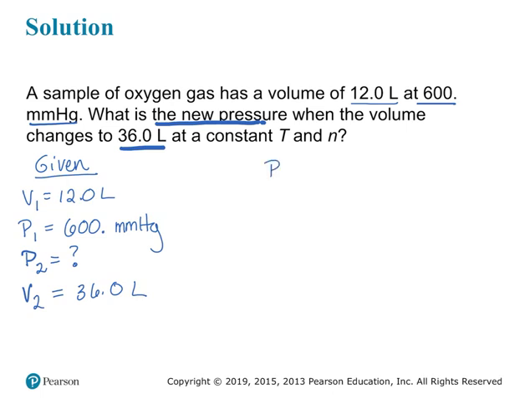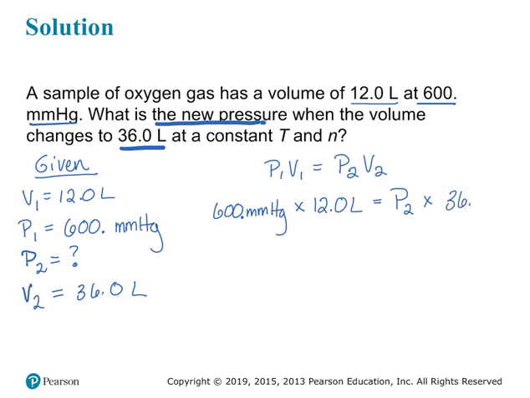Okay, so again, we're using Boyle's law. And we're just going to plug in all the values we have here. So we have 600. millimeters of mercury, times 12.0 liters. And then that's equal to P2, which we don't know, times V2, which is 36.0 liters.